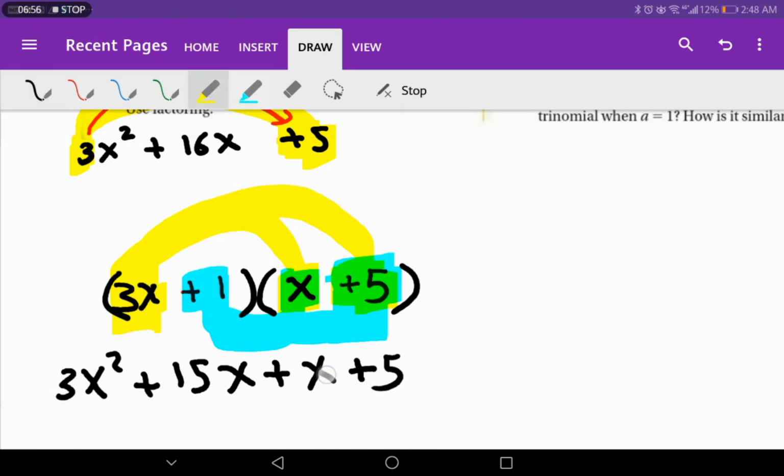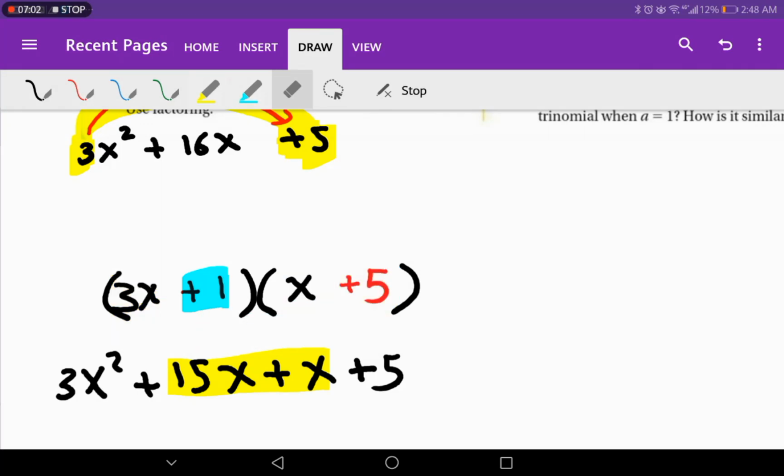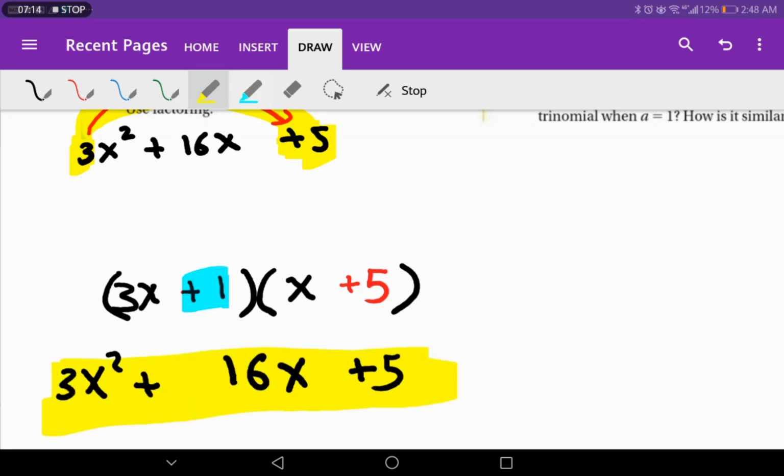If you combine the terms here, it will be 16x. See, this is the product, and see, it is the same or not? Yes, the same.